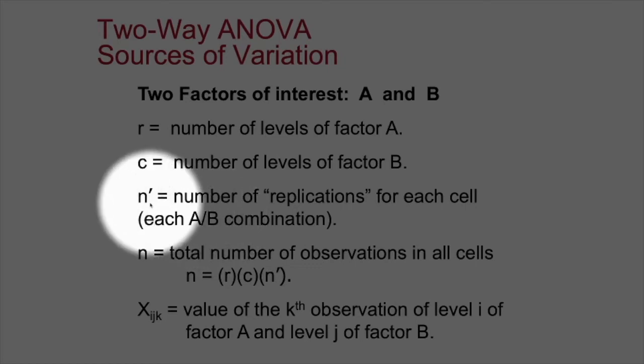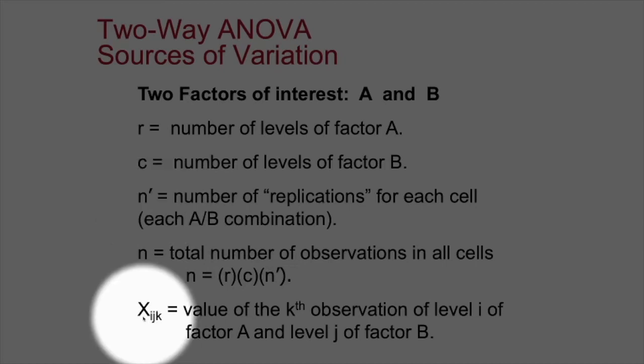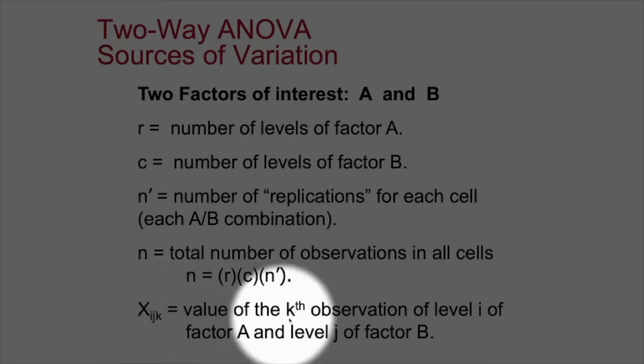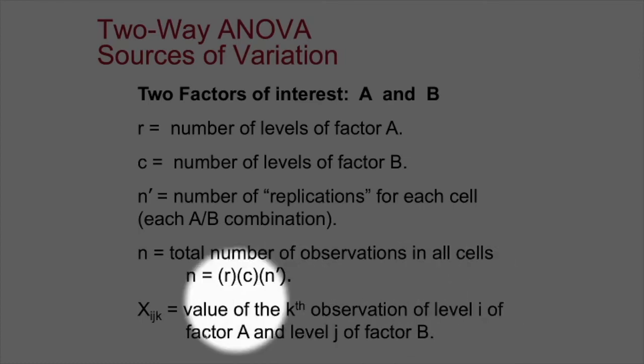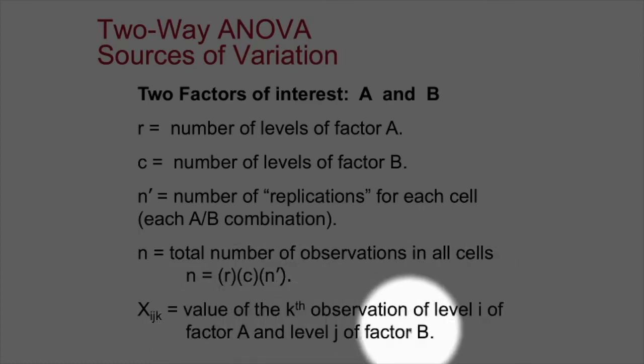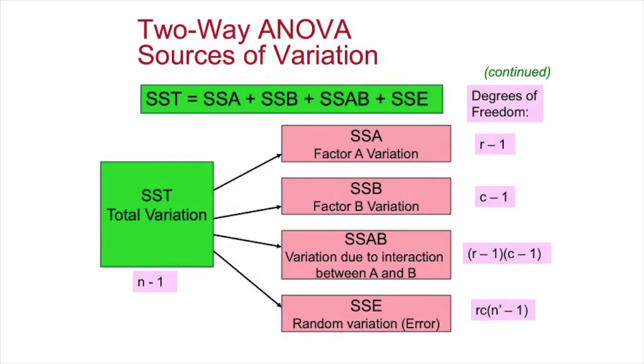That was not the case in one-way ANOVA, but now we have to assume that. Now our x's, in the previous chapters they were called xi, then in the previous section they were called xij, now we call them xijk, because we have the kth observation of level i of factor A and level j of factor B.